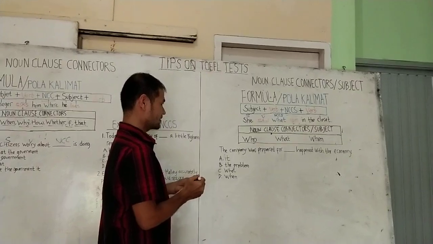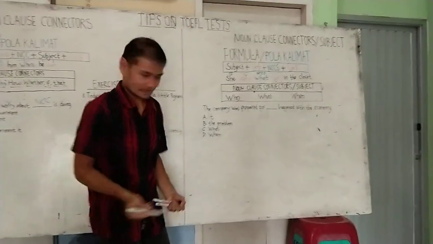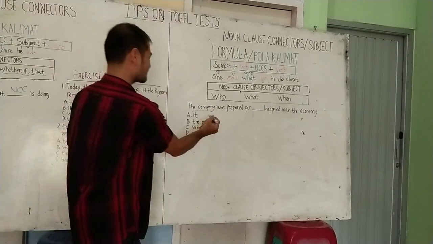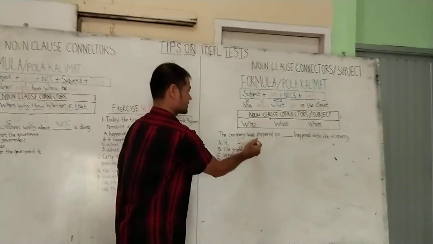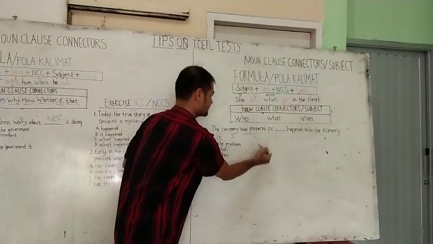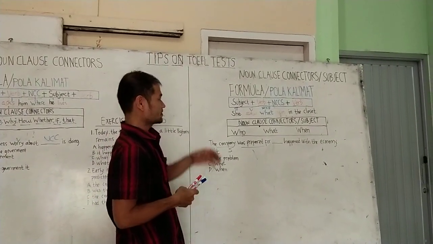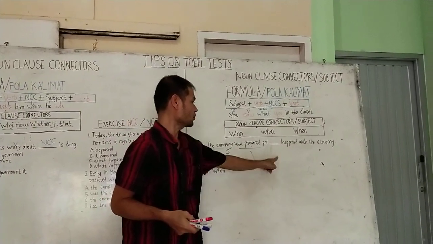Okay, what does it mean here? Let us analyze together. The company, what is the company? It is subject. Was prepared, verb. You see the formula? What follows after verb?